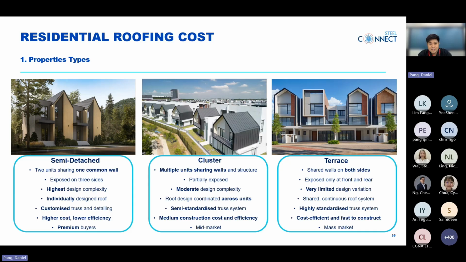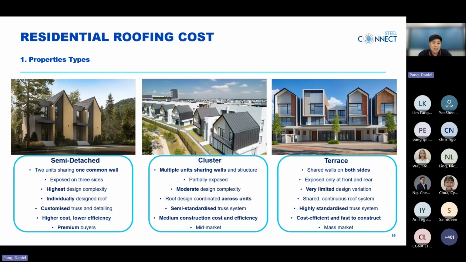However, this makes terrace houses highly standardized, faster to build and more cost efficient, and they are commonly designed for the mass market, which can be affordable or premium depending on the development. So in short, different house types result in different roof designs, different truss systems, and ultimately different roofing costs.